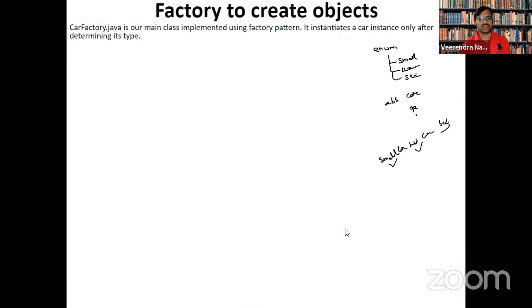So to create the object, now it's time to create the objects of the given thing. CarFactory.java is our main class implementation using the factory pattern. We are going to have a static Car buildCar method, which is the business end behind building the car.